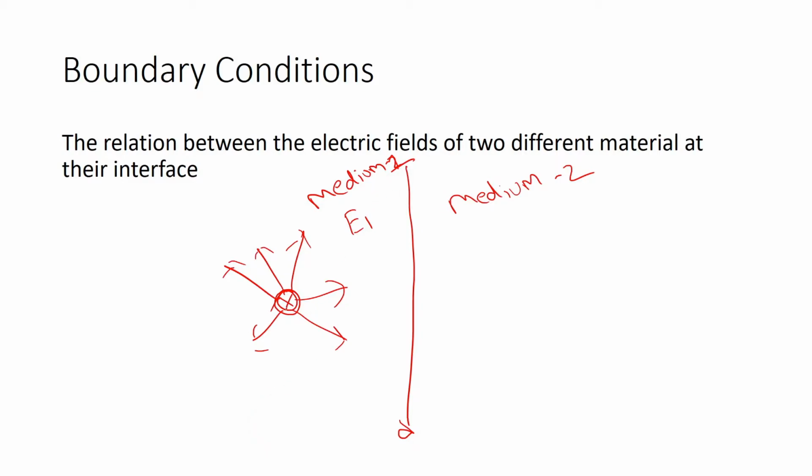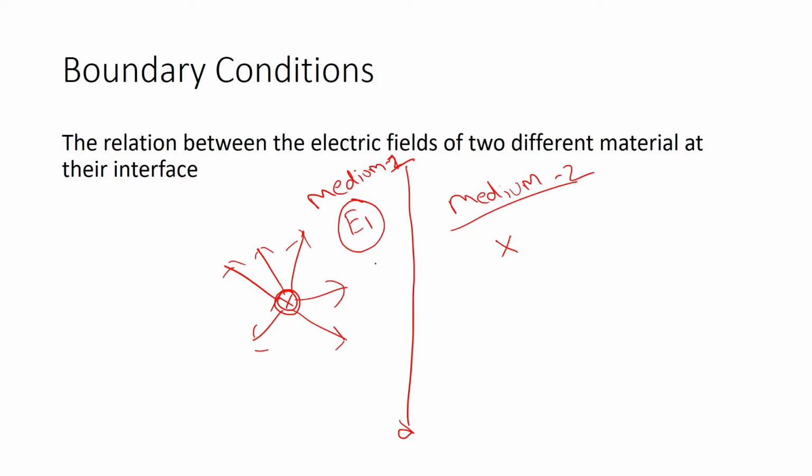Just because the charge is not present in medium 2, we can't say that this charge has no effect in medium 2. That statement would be wrong. Even in medium 2, there would be an electric field because of this point. Similarly, we can also not say that the electric field in medium 2 is the same as the electric field in medium 1 because the two might have different properties.